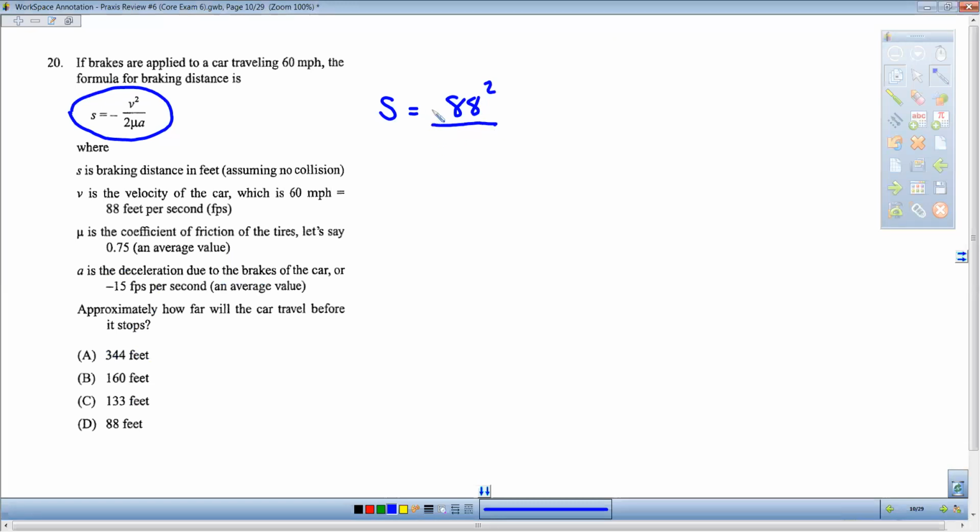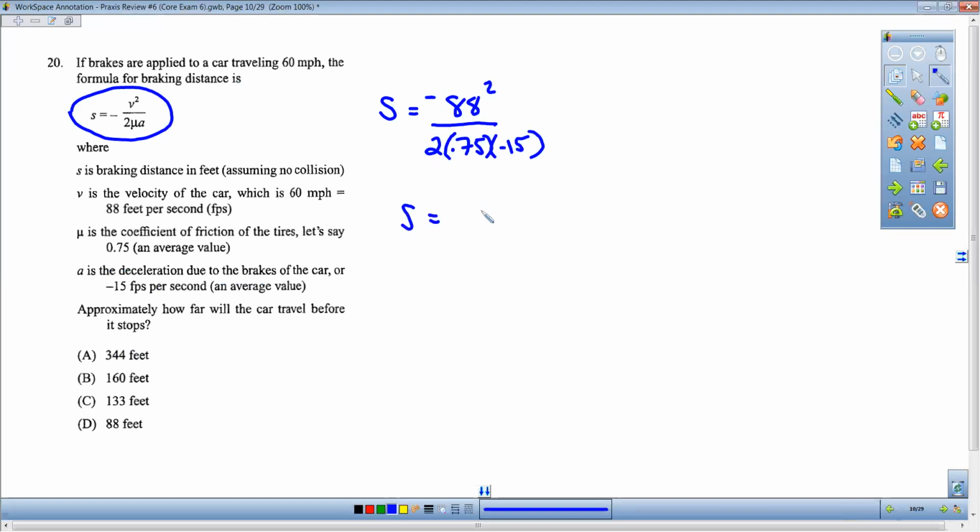And it is going to be negative, so we'll take 2, and then mu is the coefficient, so that would be 75 hundredths times acceleration, which is negative 15. So it's already negative, and acceleration's negative. So I'm just going to put the negative up here, and that's going to still mean that the answer is going to be positive because our distance would be positive.